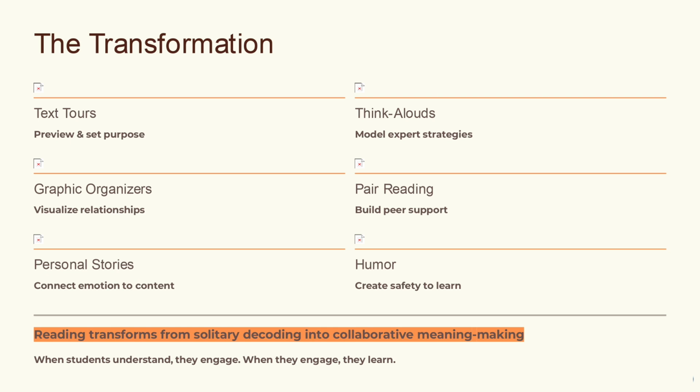In the after section, the classroom is colorful, interactive, and student-centered. Reading is no longer about decoding every word. It's about building meaning collaboratively. When students understand, they engage. When they engage, they develop both language and confidence. And that's the heart of teaching, helping students not just to read the text, but to live it.